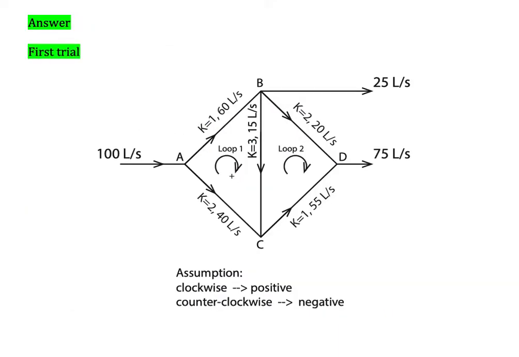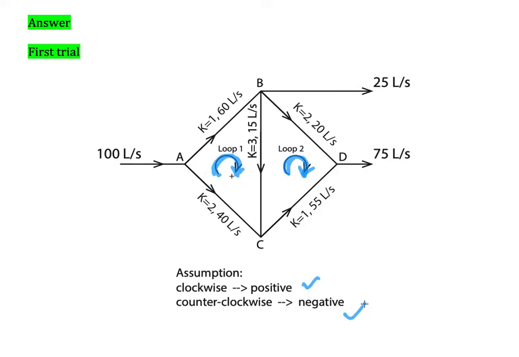Okay, so for example here, we determine the loop. We assume that this is our loop 1 and this is our loop 2. To ease our calculation, we assume that clockwise is positive and counterclockwise is negative.